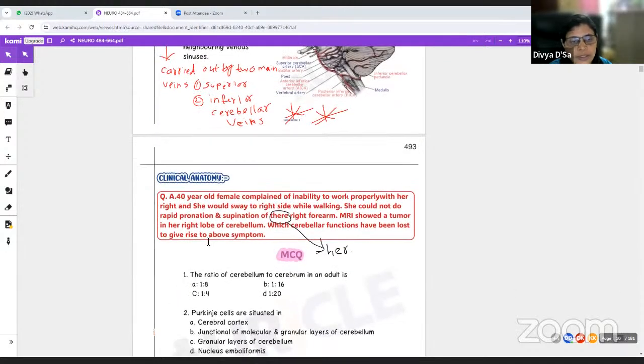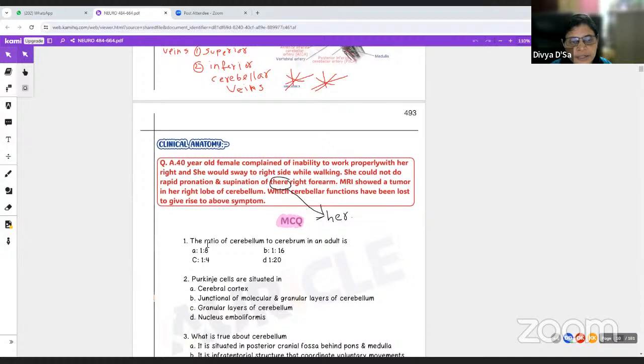So we'll try to understand a clinical case here. A 40-year-old female complained of inability to work properly with her right hand, and she would sway to the right side while walking. She could not do rapid pronation and supination of her right forearm. MRI showed a tumor in the right lobe of the cerebellum.